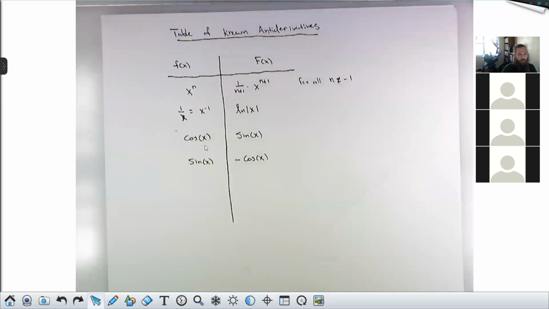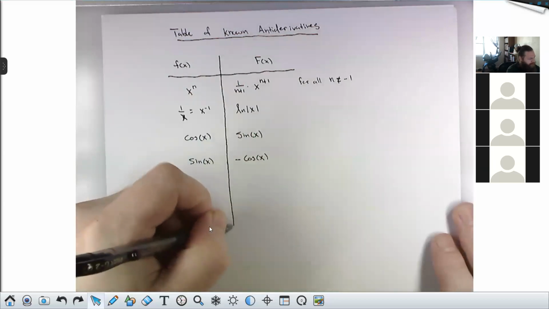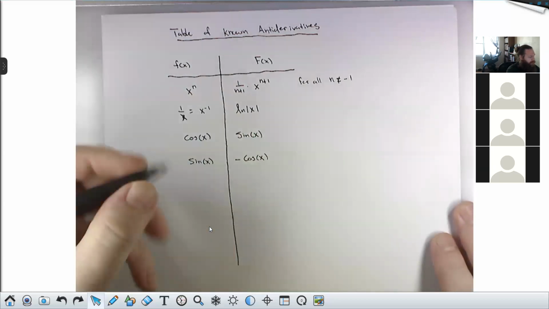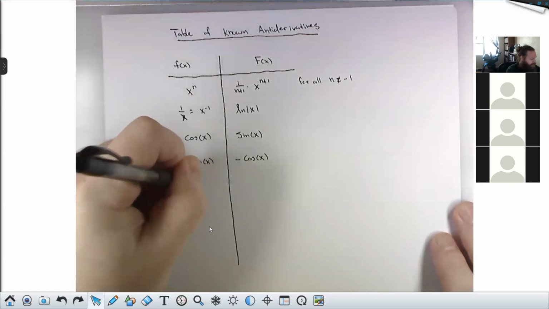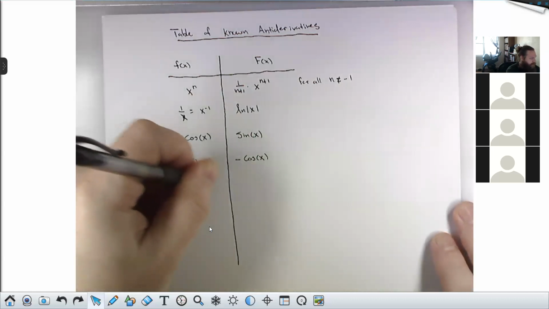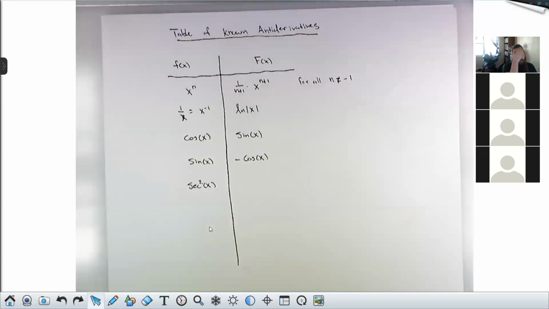And we might think that, after cosine and sine, the next are going to be secant and tangent. But those antiderivatives turn out to be a little bit gnarlier. There are some that we can talk about nicely, though. Secant squared x, whose derivative is secant squared x. Tangent x. Excellent.